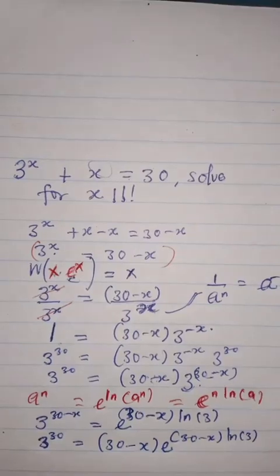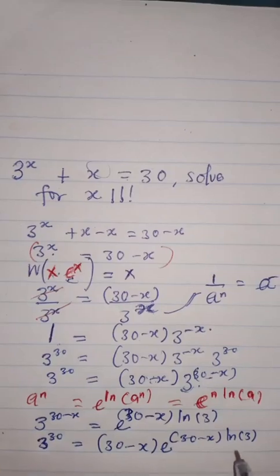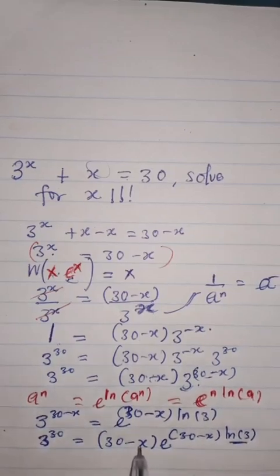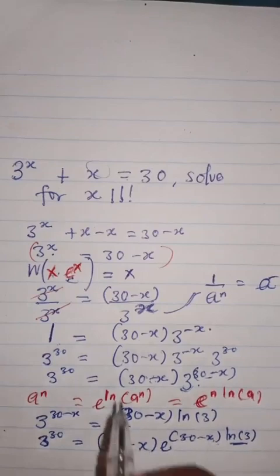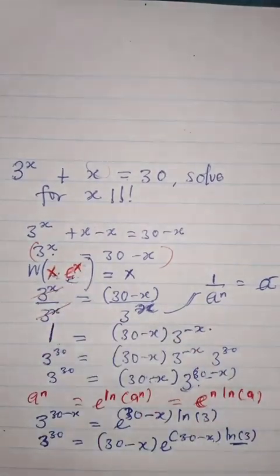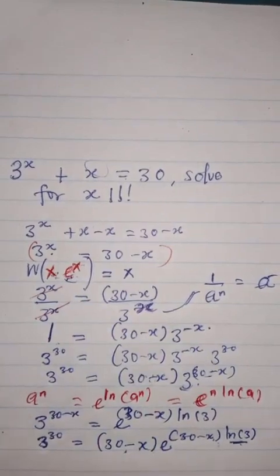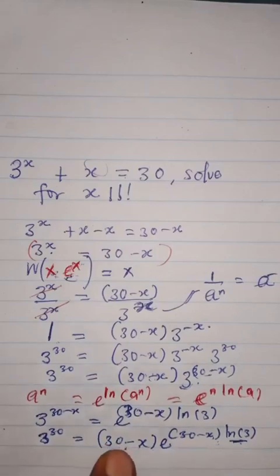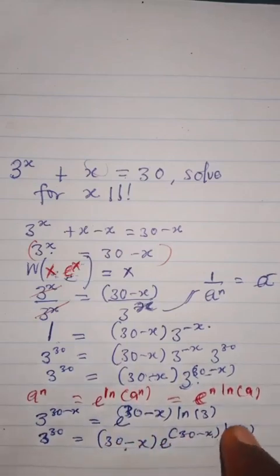Alright, so what we are going to do next is we can see that this and this now, they are not the same thing. And for us to take the Lambert W function, this and this must be the same thing. But here we have 30 minus x, here we have 30 minus x multiplied by natural log of 3. So what we can do to make this and this equal is to multiply both sides by natural log of 3.